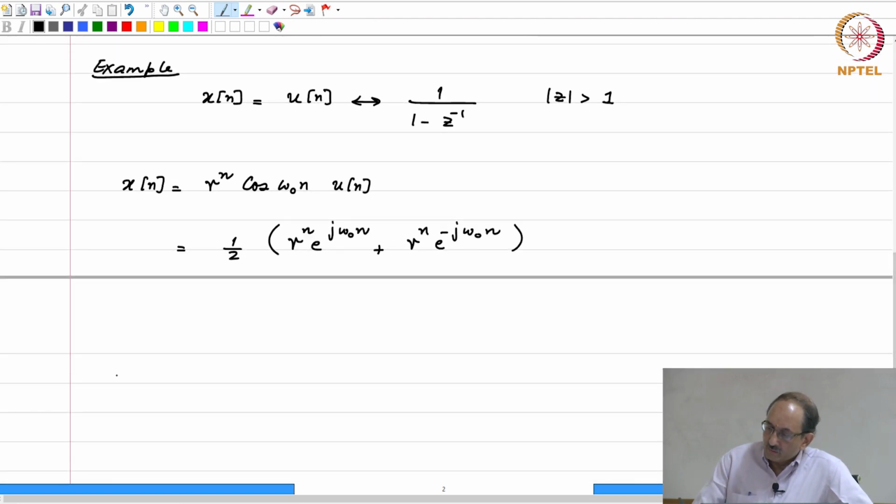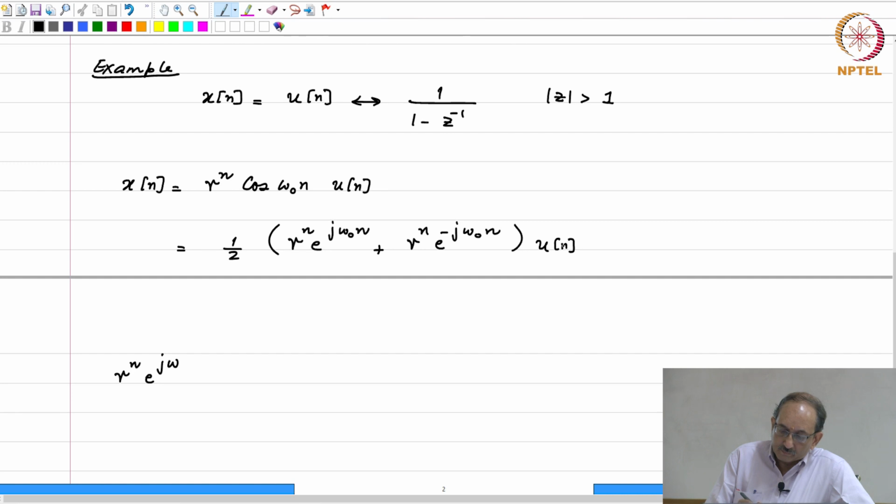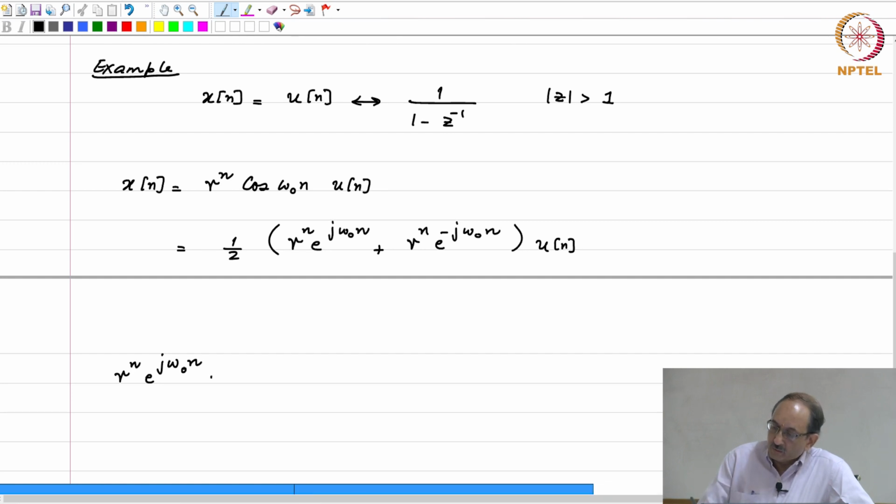Therefore, if you consider r to the n e to the j omega naught n u of n, we will immediately apply the modulation property.